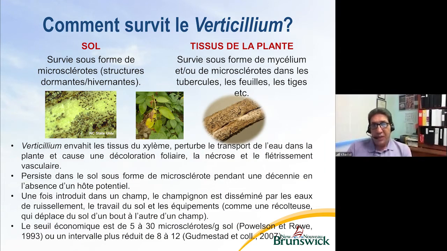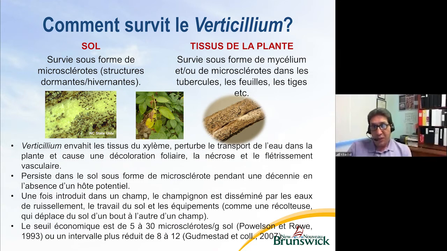So how does Verticillium survive? Verticillium is one of the two culprits. It's Verticillium and the nematodes that cause the potato early dying complex. Verticillium can survive both in the soil and in plant tissues. In the soil, it survives as microsclerotia, and these are the ones that I mentioned a minute ago. They are resting spores, overwintering structures, as you see in the picture on the left.